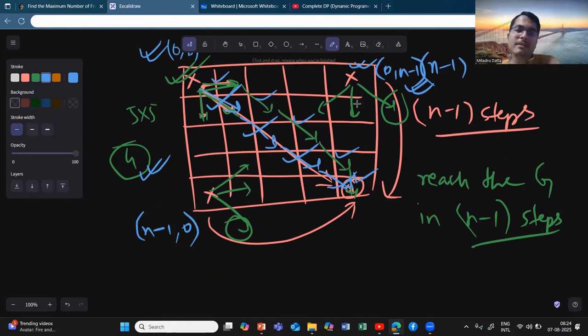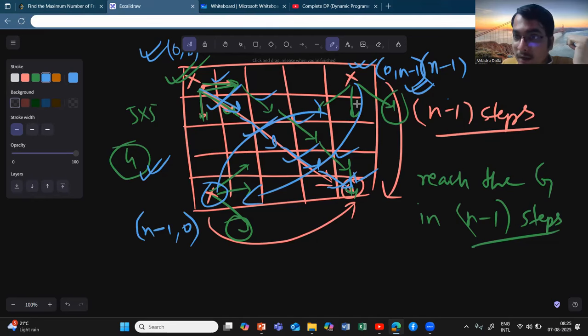If you just take a transpose of the whole matrix, then what will remain is that this guy will move there, and this guy will move here, and whatever you did with this 0 comma n minus 1 guy, you can also do the same operation with the n minus 1 comma 0 guy.